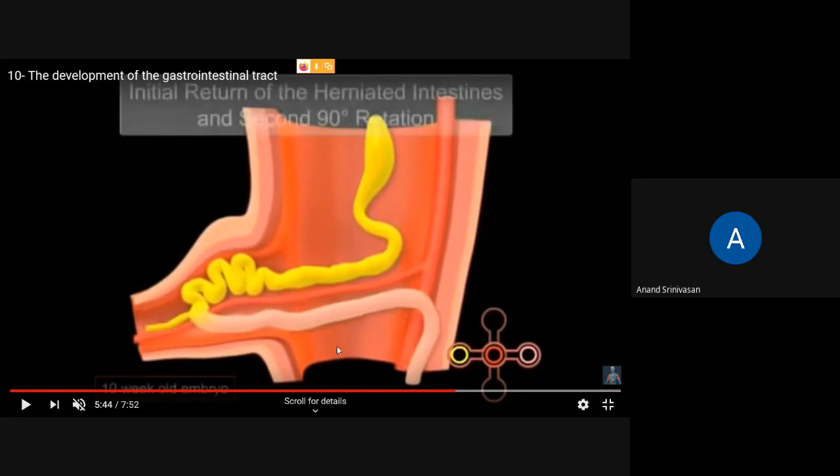Now, when it rotates 90 degrees anti-clockwise, what happens to the cranial limb? The convolutions increase, that is, the length of the cranial limb of the midgut increases at a drastic rate rather than the caudal limb. So there will be a lot of convolutions in the cranial limb.